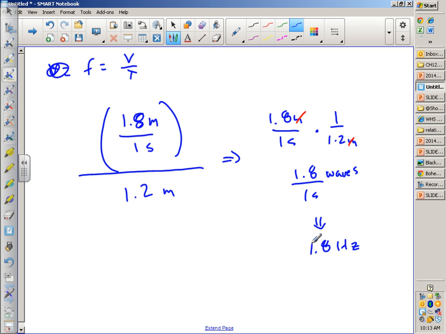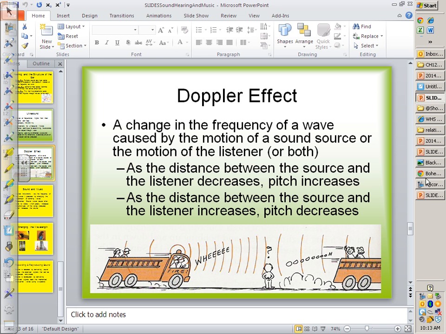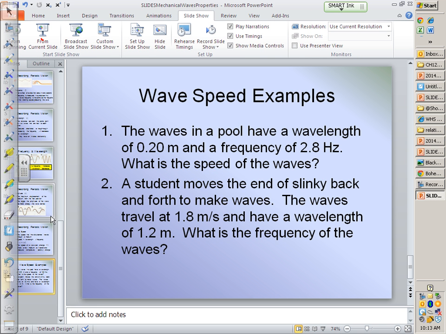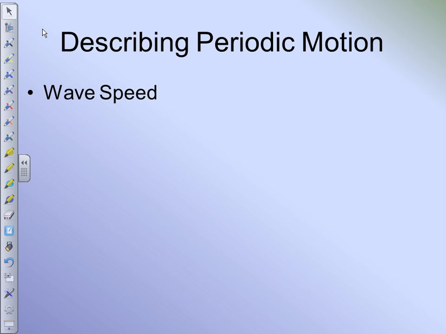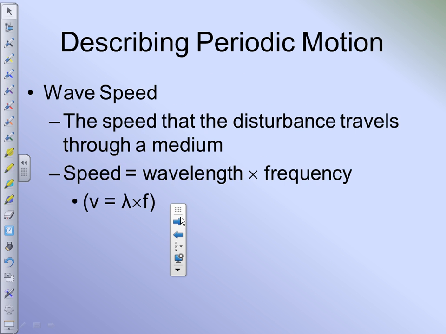Okay. Good there? So we said the other day that mechanical waves are kind of like conduction when we talked about heat transfer.